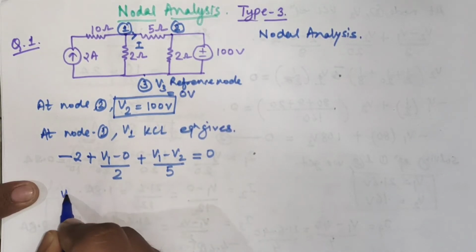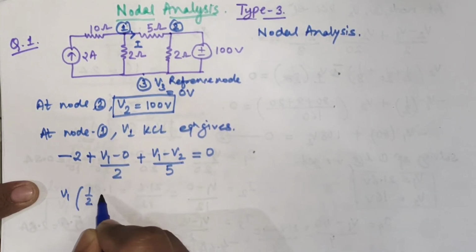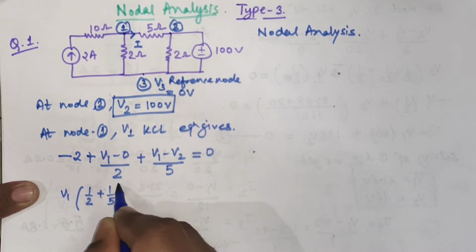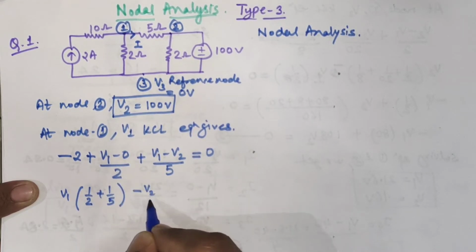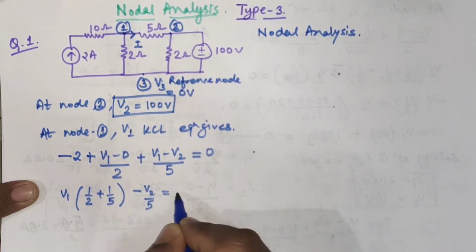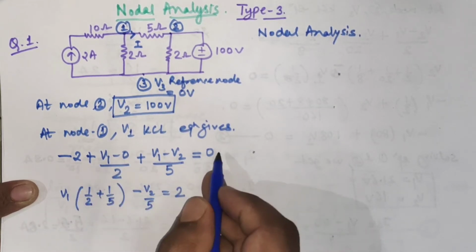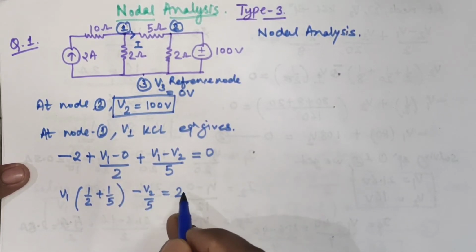Now V1 times (1 by 2 plus 1 by 5) minus V2 by 5 is equal to minus 2; shifted to the right hand side, it will be plus 2.